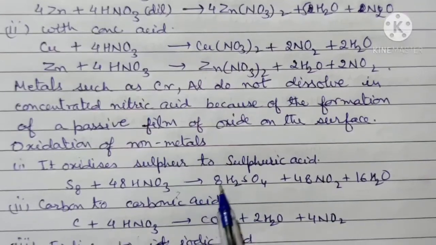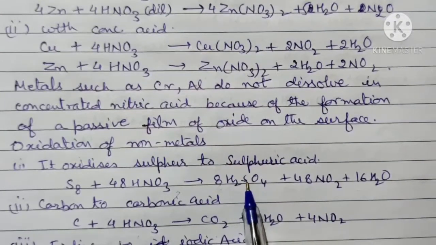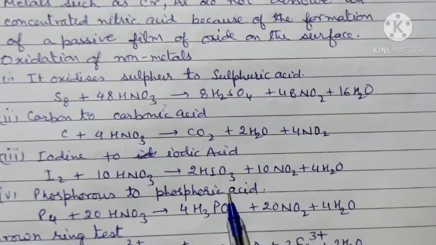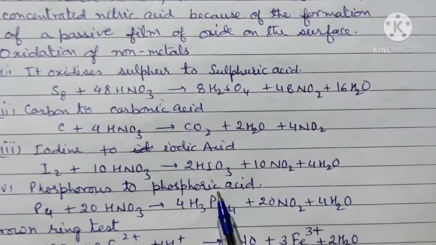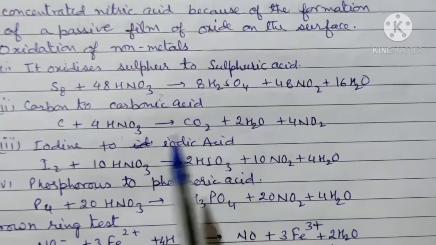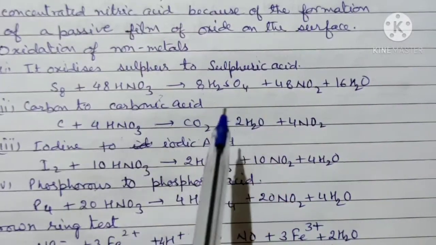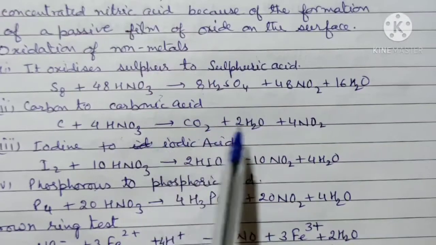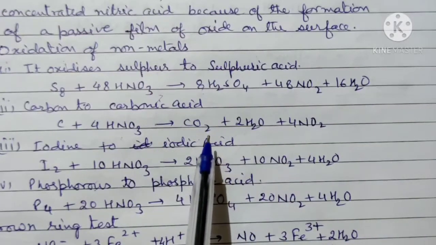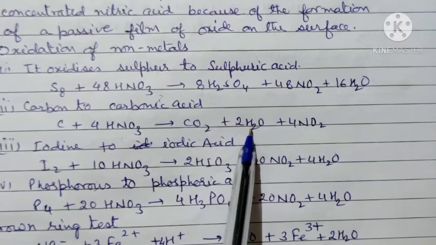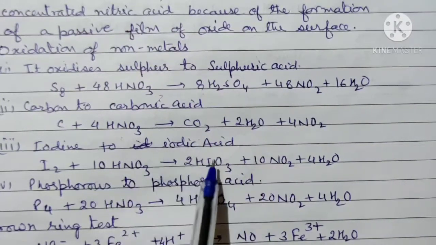Now we will study the oxidation of non-metals. Nitric acid is a very strong oxidizing agent. It can oxidize the non-metals also. For example, sulfur is oxidized to sulfuric acid, first sulfur dioxide, then sulfuric acid; carbon to carbon dioxide, and this carbon dioxide dissolves in water to form carbonic acid; iodine to iodic acid.